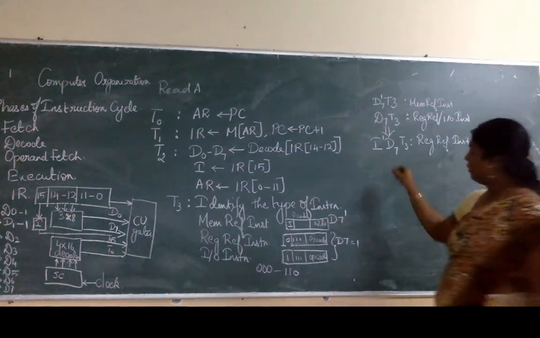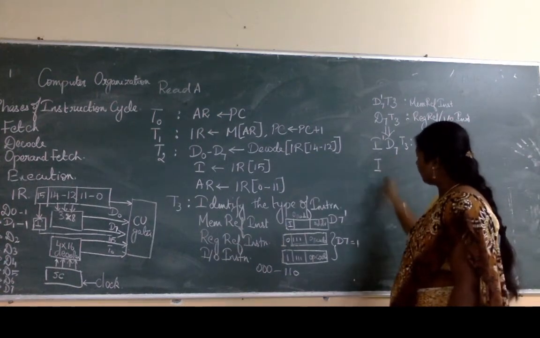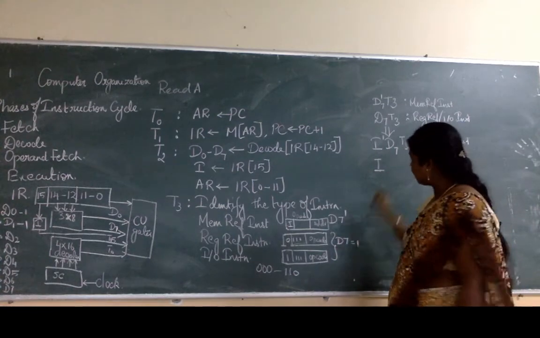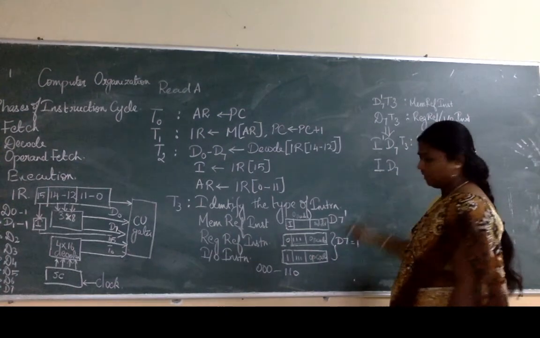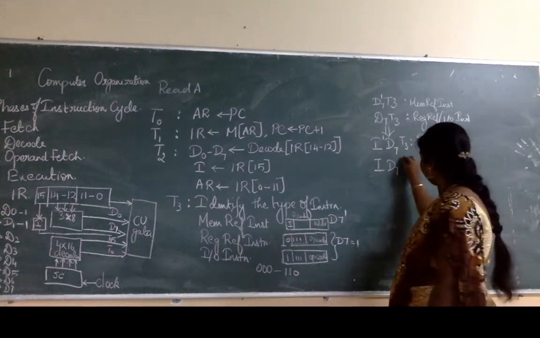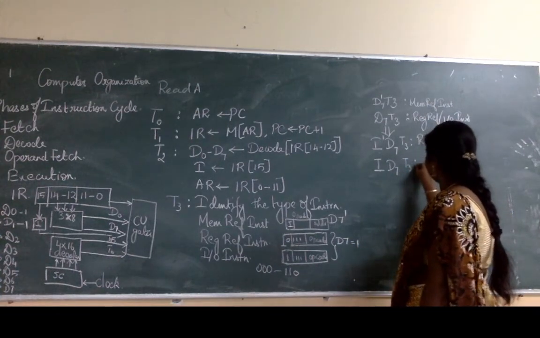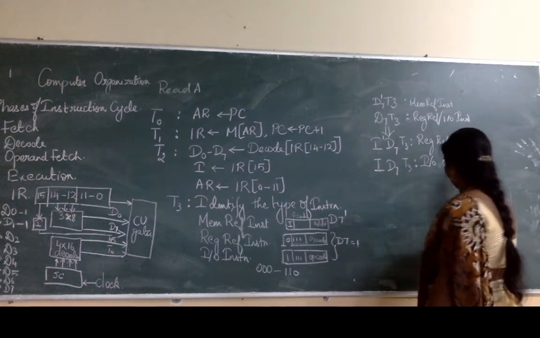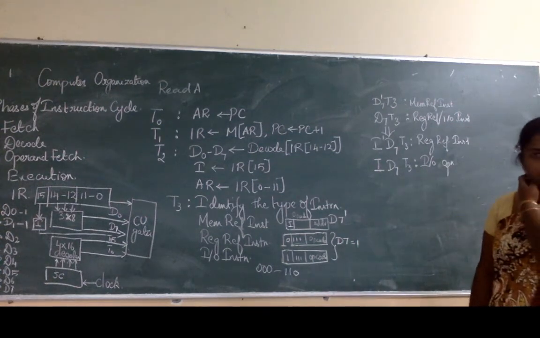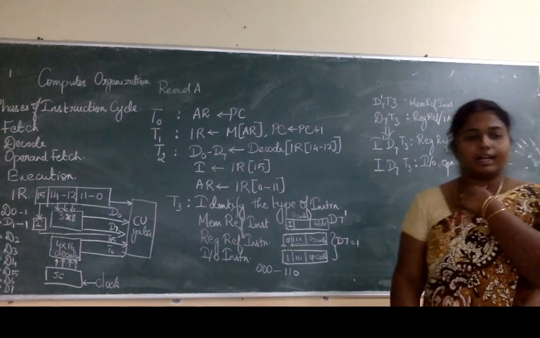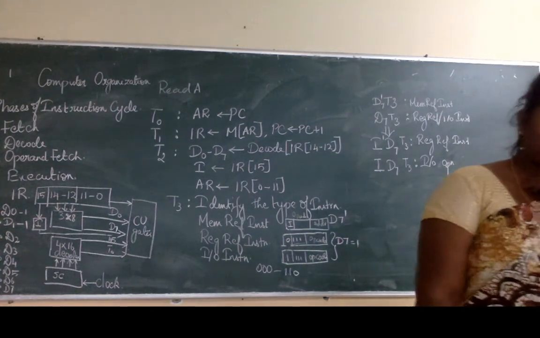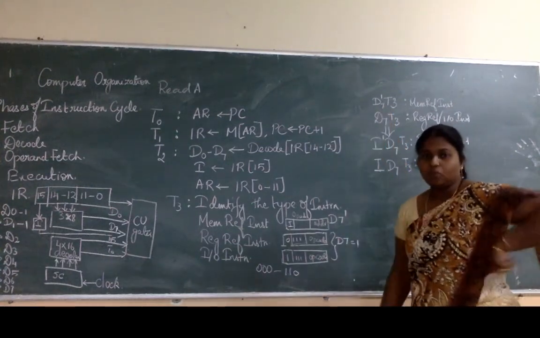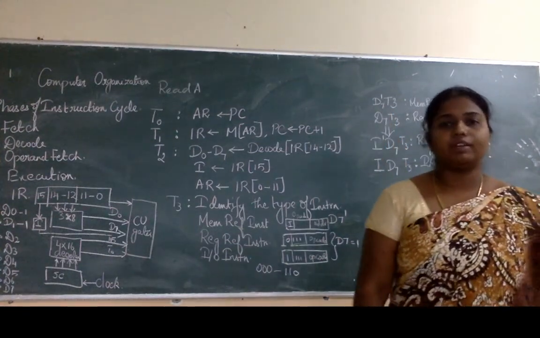And when I's value is 1, I have to represent it as I, and with D7 value 1, I D7 T3 indicates an IO operation. Okay, and at time cycle T3, if it is a memory reference instruction, what should I do? I should read from the memory.